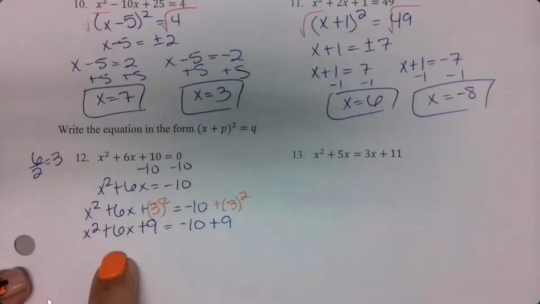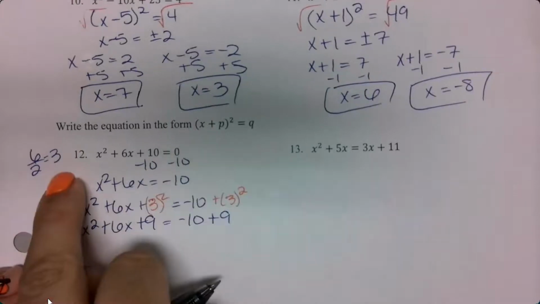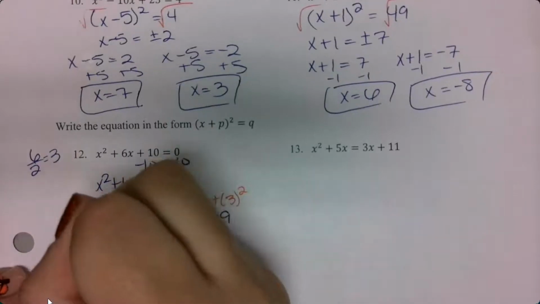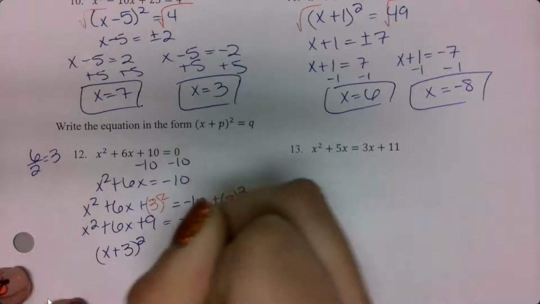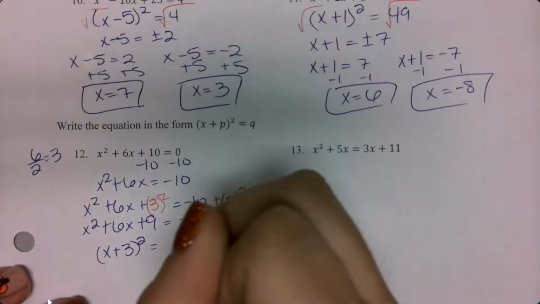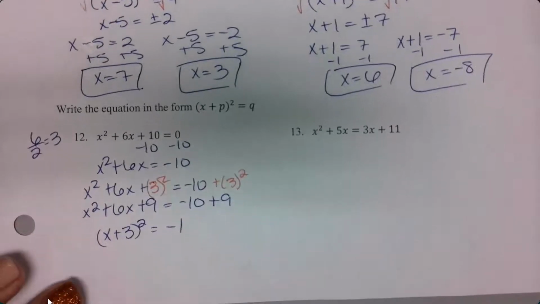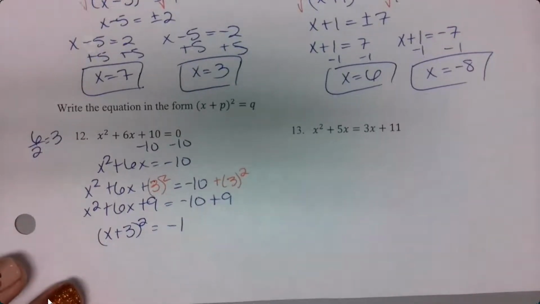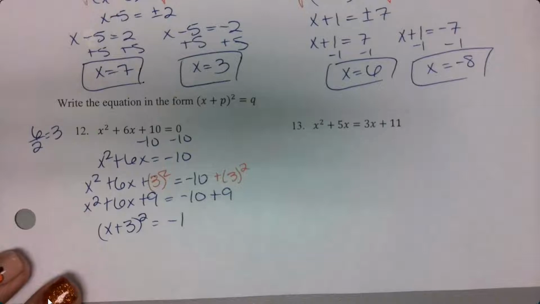On the left side, I want to factor, so I'm looking for what multiplies to 9 and adds to 6. This should be the number I got up above, so this is 3. So I have x plus 3 squared there. And then over here, negative 10 plus 9 is negative 1. Then I want to keep solving. No, I don't want to keep solving. This one just wants it in this form.